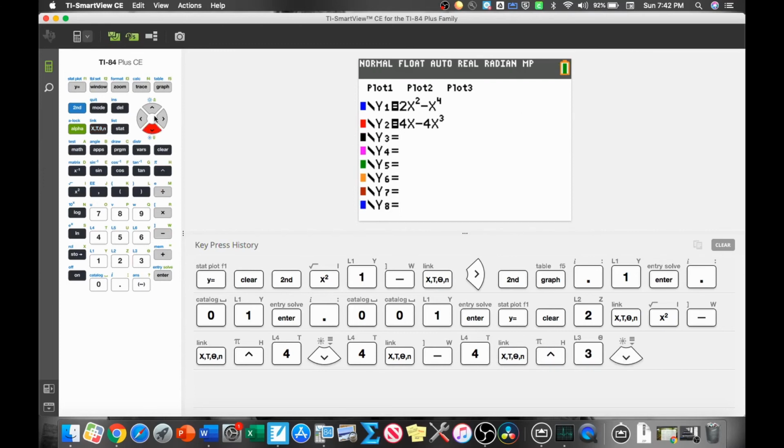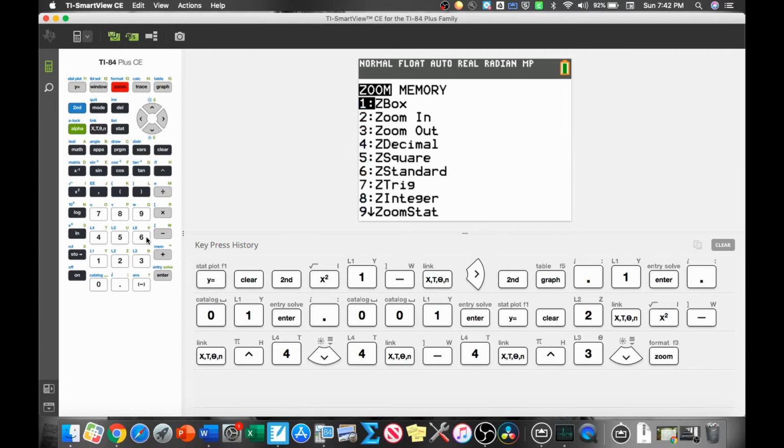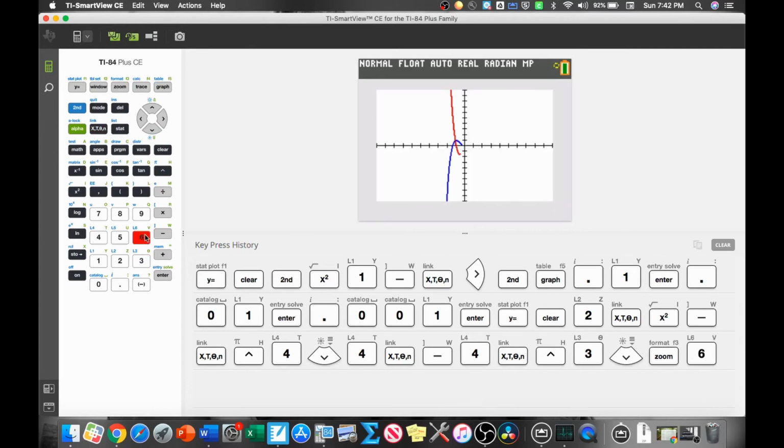All right, and then let's just do a zoom 6. And as you can see, the blue function is our quartic polynomial, our f of x, and the red function is our cubic polynomial, which is our derivative of the quartic.